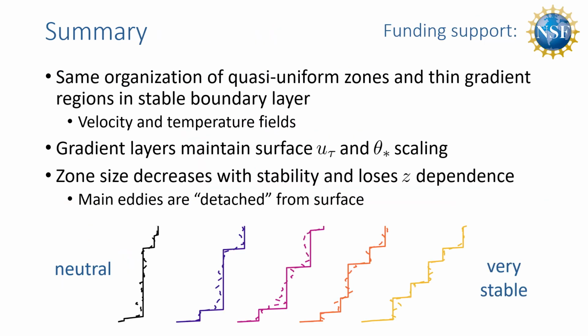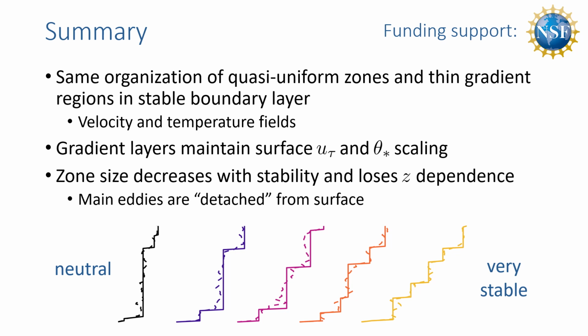To briefly summarize what we've seen, the organization of quasi-uniform zones and thin shear layers that you see in a neutrally stratified boundary layer are also present under stable stratification, both for the velocity and the turbulent temperature fields. The thin gradient layers and the differences in velocity and temperature across these layers maintains a scaling relationship with u tau and theta star regardless of stratification.